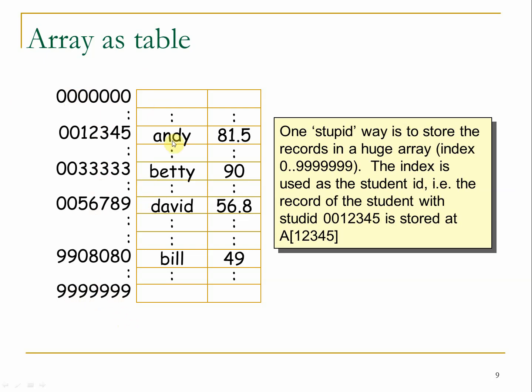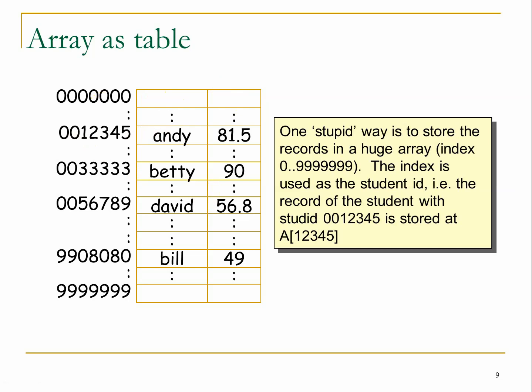So saying that Andy has a student ID 00123455, all I need to do is call the array, provide the student ID as the first index, and then whatever two-dimensional space indexes that I need to get, I can simply retrieve with the second index. And by doing so, everything would be super fast.